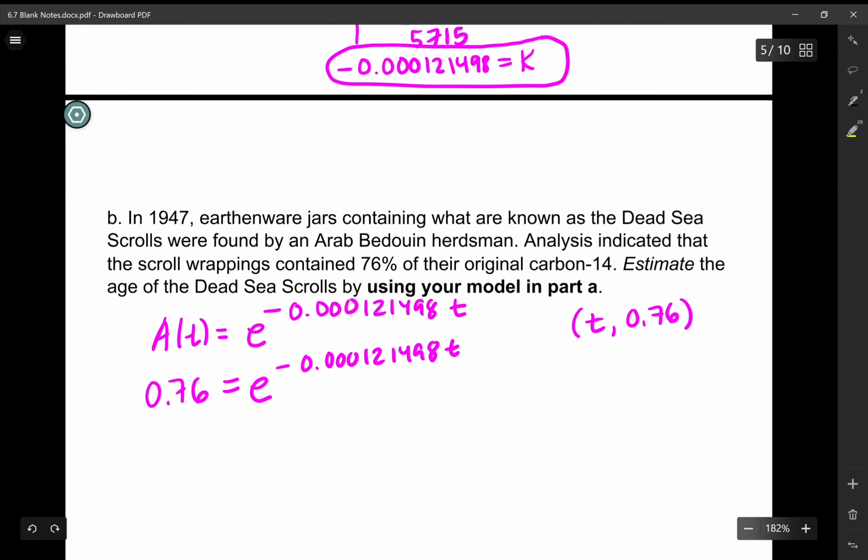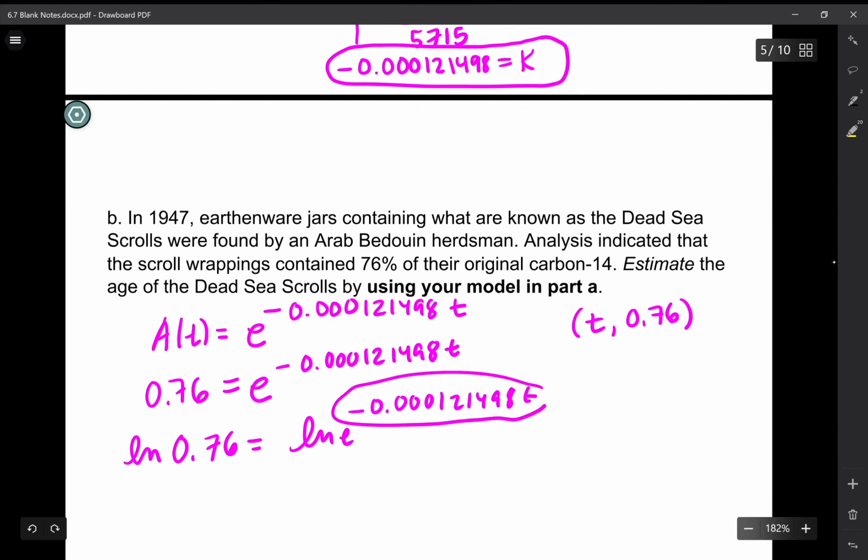It's an exponential equation. It's got a base of e. Let's take natural logs of both sides. Natural log of 0.76 equals the natural log of e to the negative, I'm kind of regretting using this many decimals, but I'm sticking with it because I've come this far. All right, my property of logs brings this all down in front.